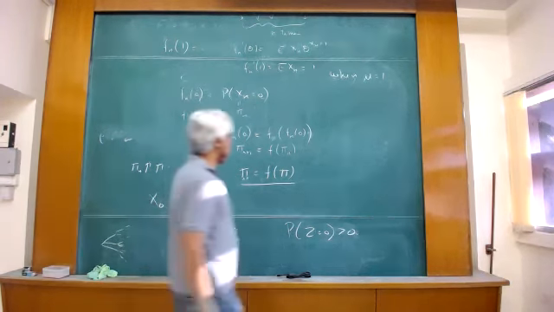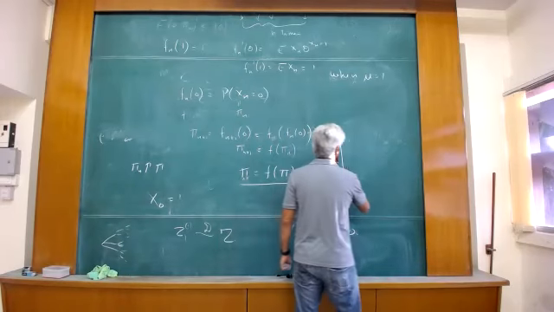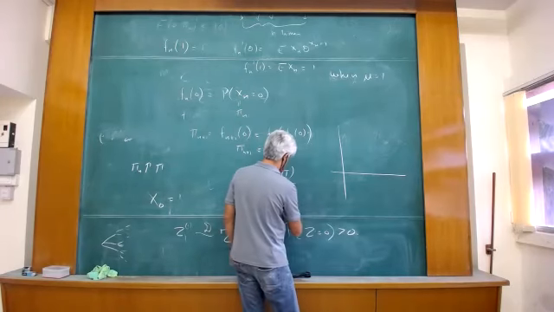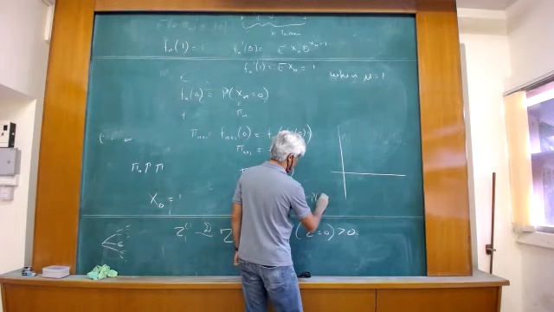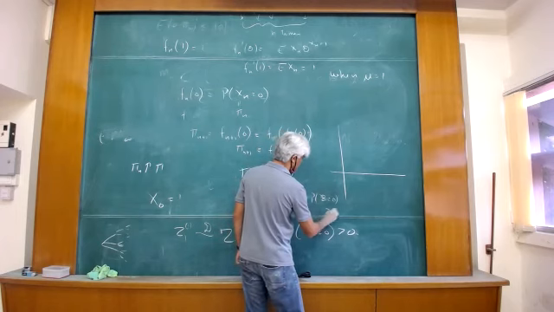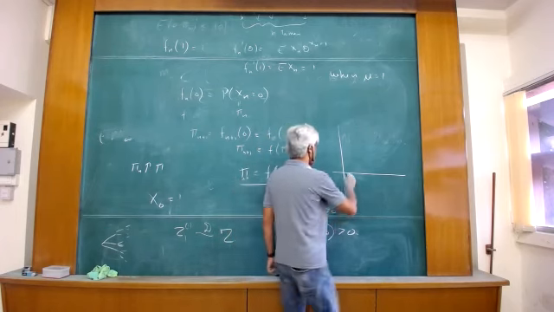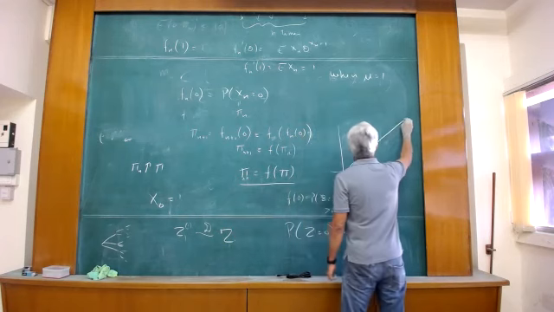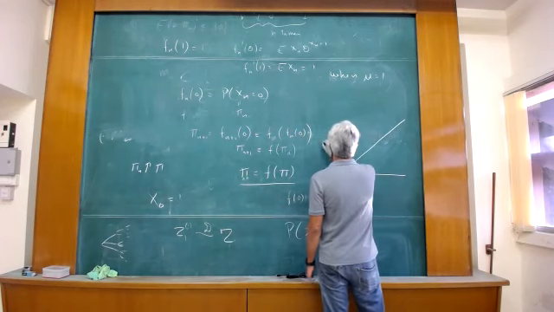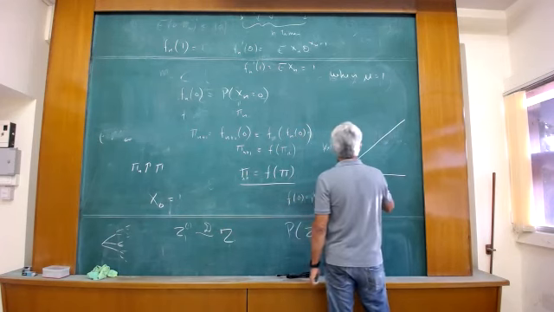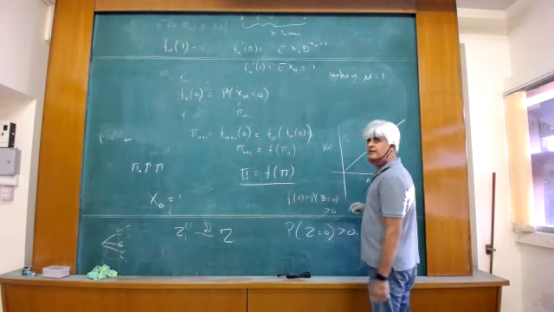So now I have this picture of my f. F of 0 is positive. This is my x here, this is my f of x, and this is the 45-degree line.